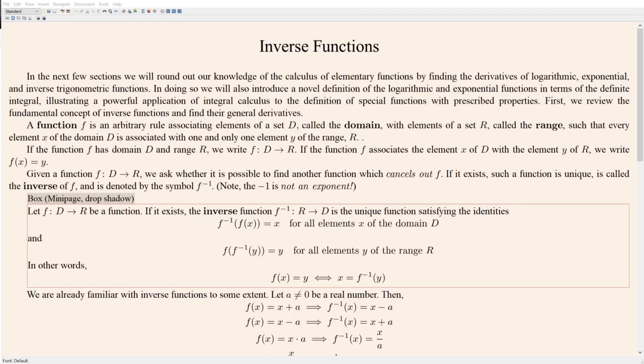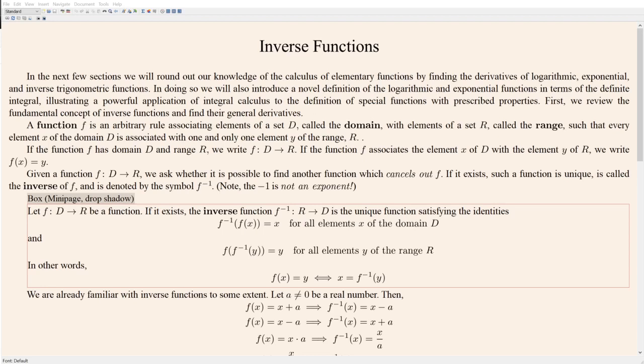So, the next section of Calculus 2, the next chunk of material, is going to be about sort of completing our knowledge of the calculus of the elementary functions by talking about derivatives and integrals involving the logarithmic, exponential, and inverse trigonometric functions.